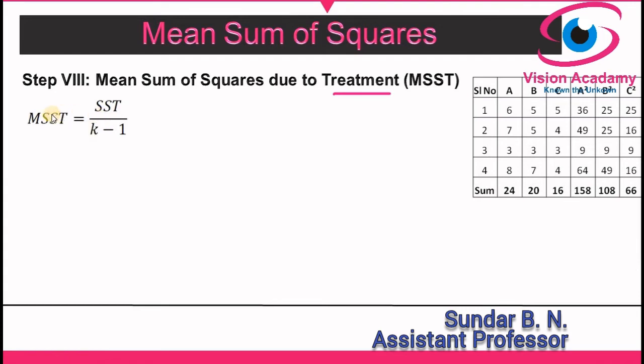The formula is MSST equals SST by K minus 1. We found SST in the last step, it is 8. And we want to know what this K is. I told you already ANOVA goes for K levels. In this example, we are not having only 2.